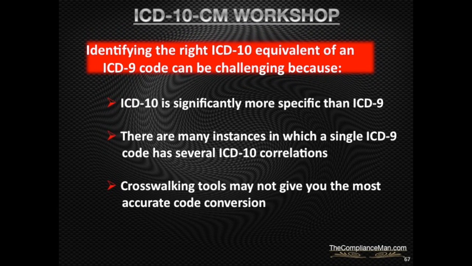Identifying the ICD-10 equivalent of an ICD-9 code can be challenging. And that's because ICD-10 is significantly more specific than ICD-9. And there are many instances in which a single ICD-9 code has several ICD-10 correlations. So the crosswalking tools may not give you the most accurate code conversion, and that's important to understand.